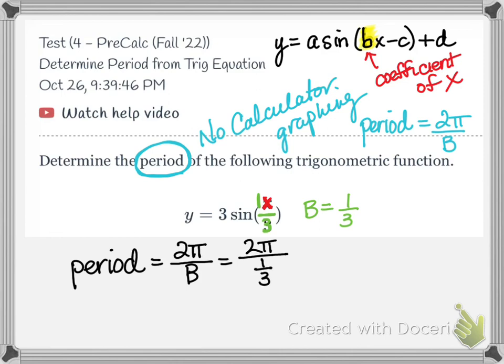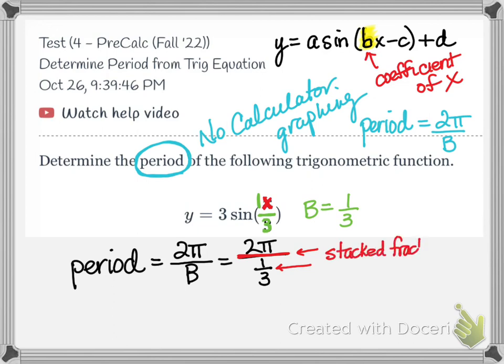Now what I want you to notice is you have actually 2 division lines, okay? Notice you have 2 pi divided by 1/3. So you have this division line and you also have this division line, okay? This is called a stacked fraction.